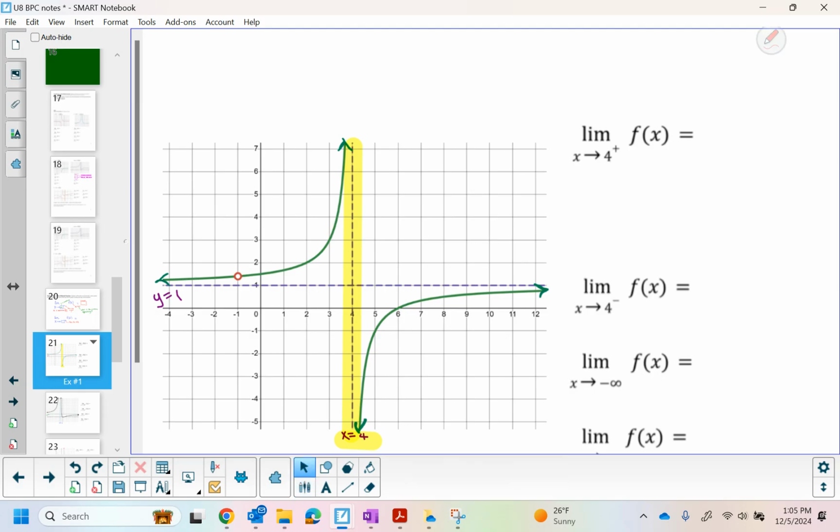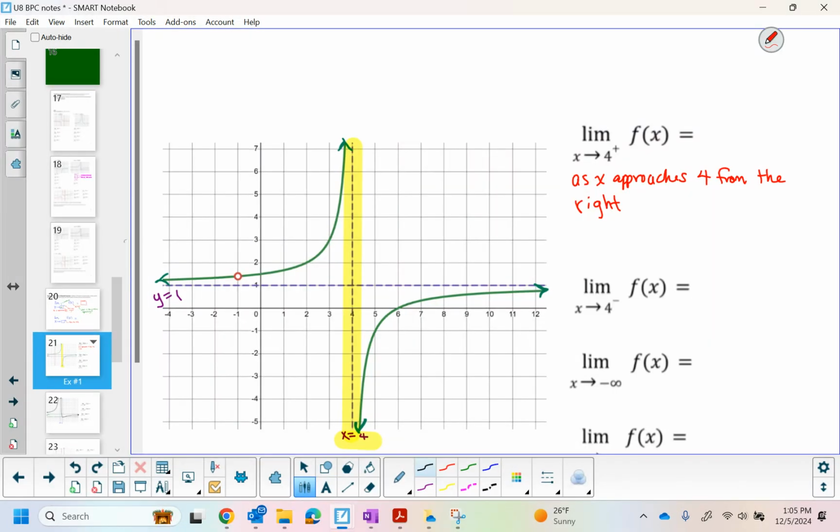So the first question is saying as x approaches 4 from the right, what is y approaching? So what are my y coordinates getting closer to?